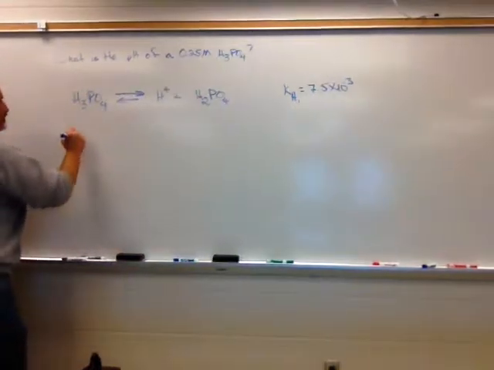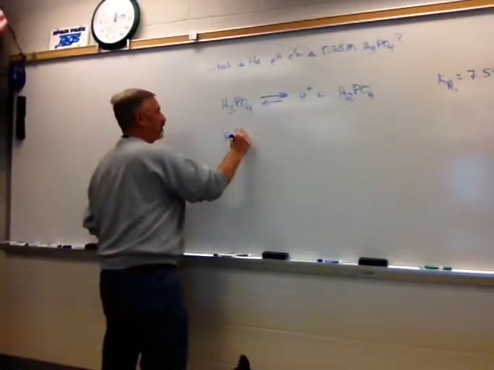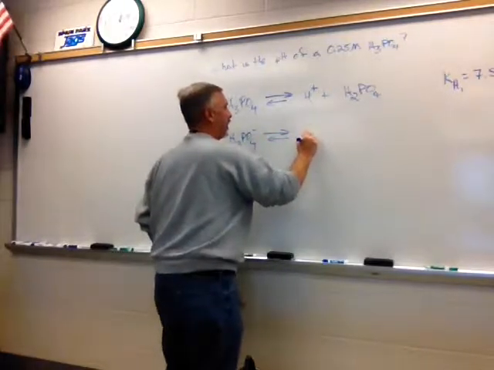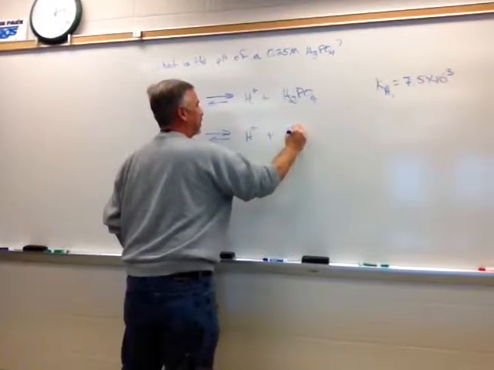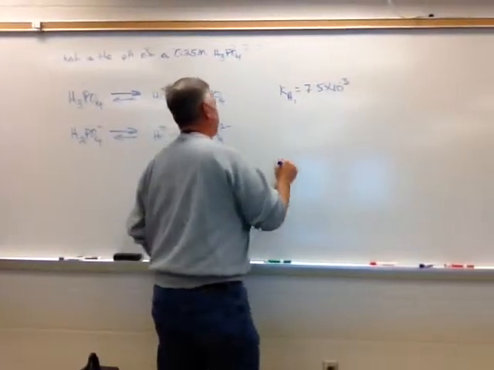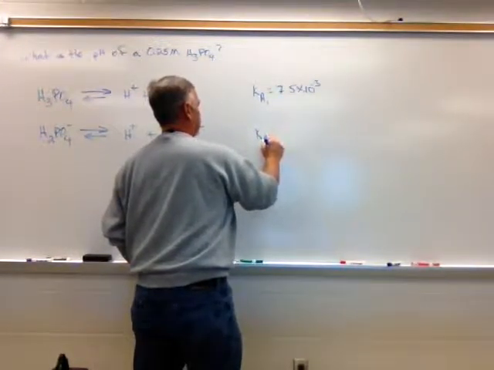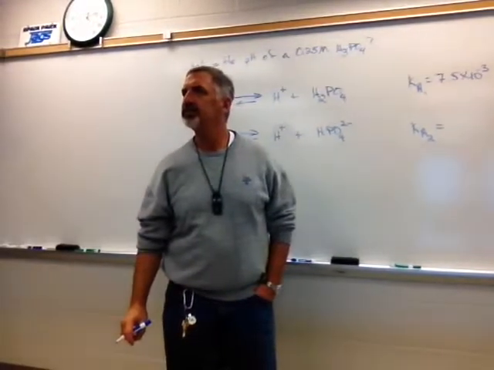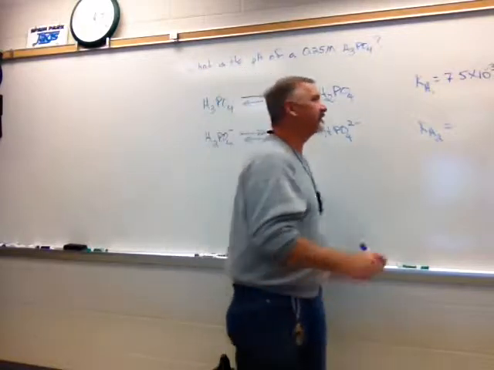Then we go H2PO4 minus goes to H plus and HPO4 2 minus, the monohydrogen phosphate. Ka2 is equal to 6.23 times 10 to the minus 8.